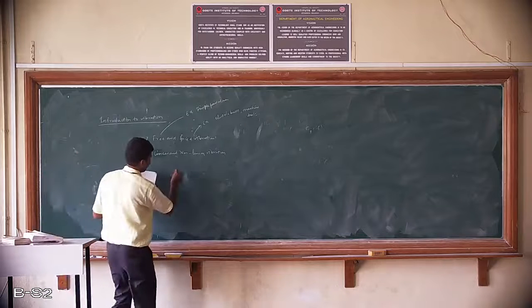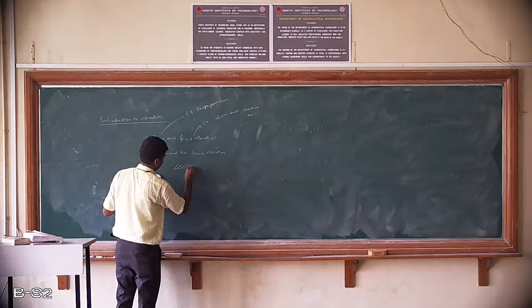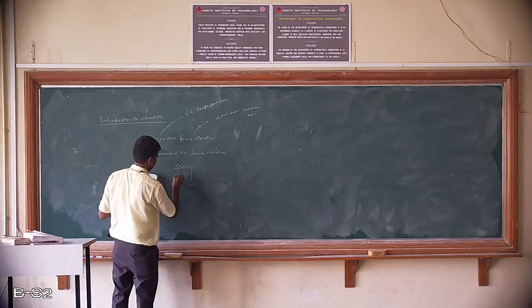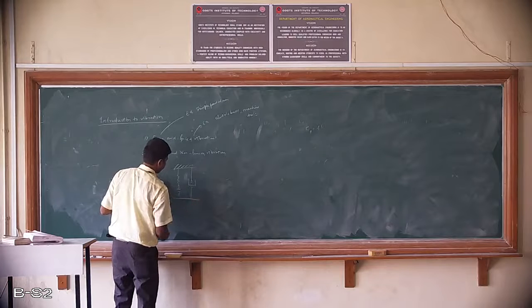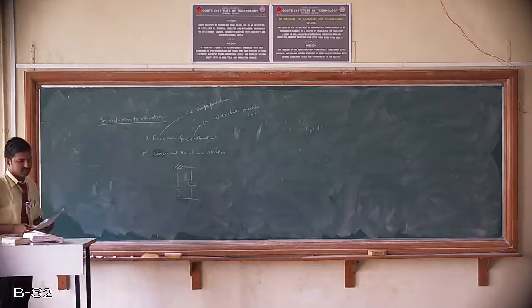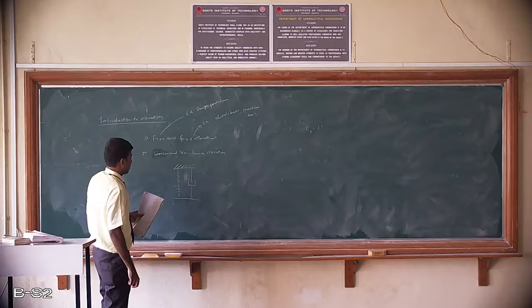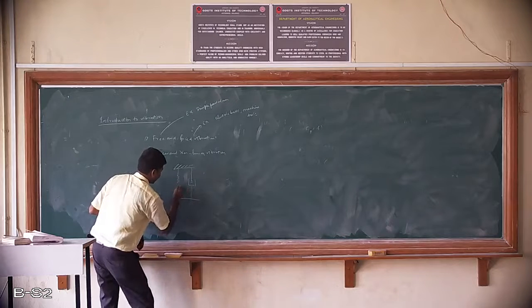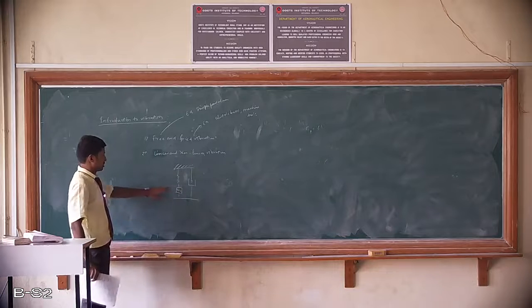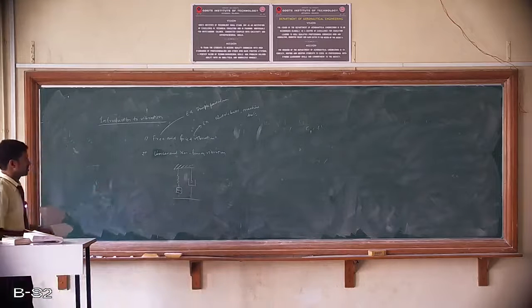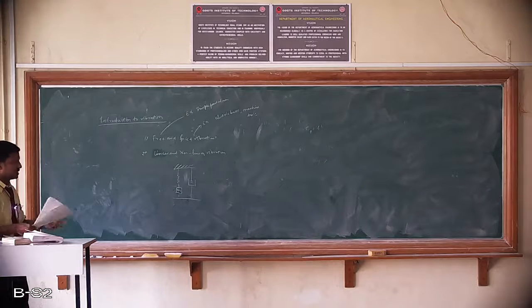For example, I have one system with one mass, one spring and one damper. If this system behaves linearly, then it is called linear vibration.